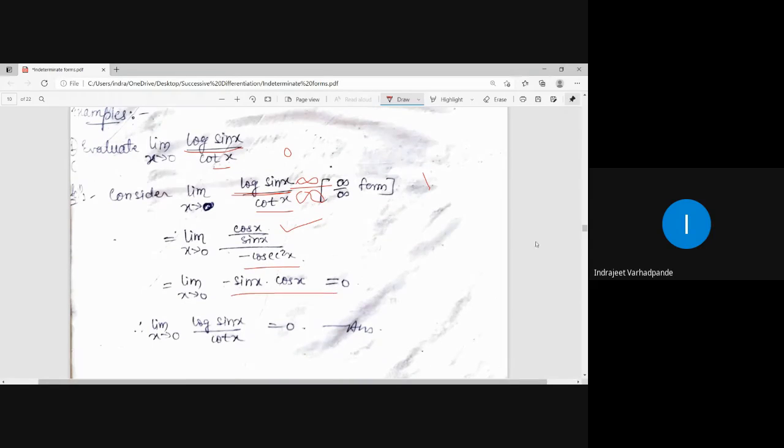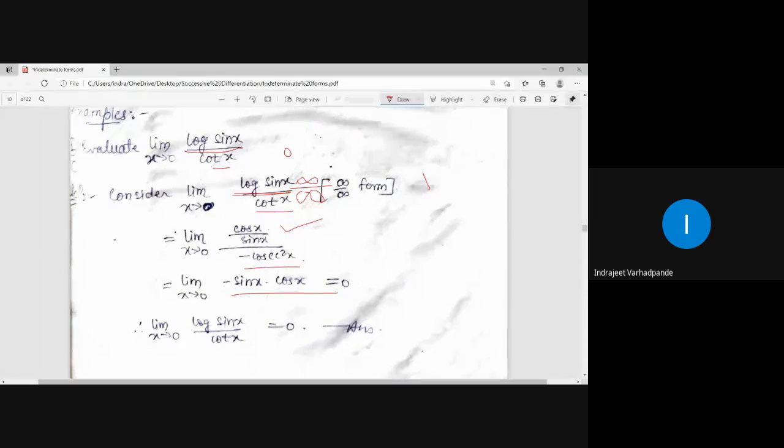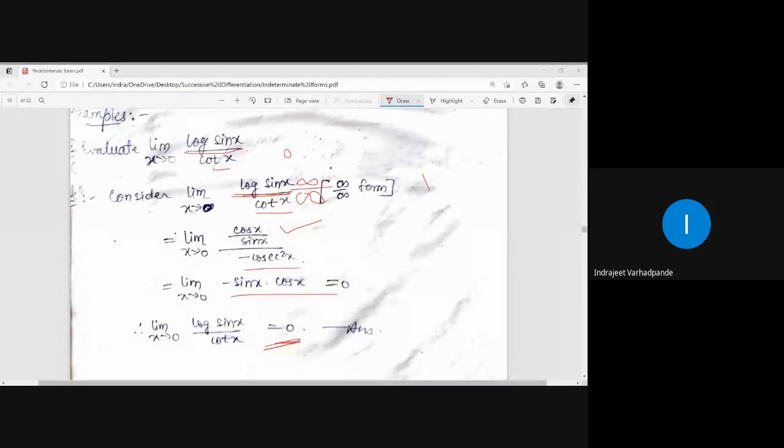If you simplify, you get the answer as minus sin x into cos x, right? Put the limit. Cos 0 is 1, sin 0 is 0. What is your answer over here? 0. Clear? Yes, sir.